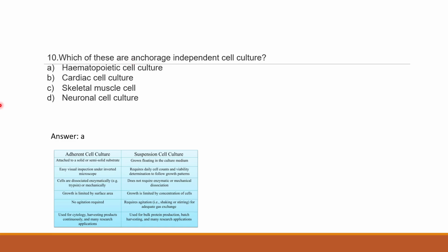So here you can see again, like a revision. There is adherent cell culture. There is suspension cell culture. In adherent, you can see that it is attached to a solid or a semi-solid substrate. Then it is easy visual inspection because it's at one place, it's stagnant.